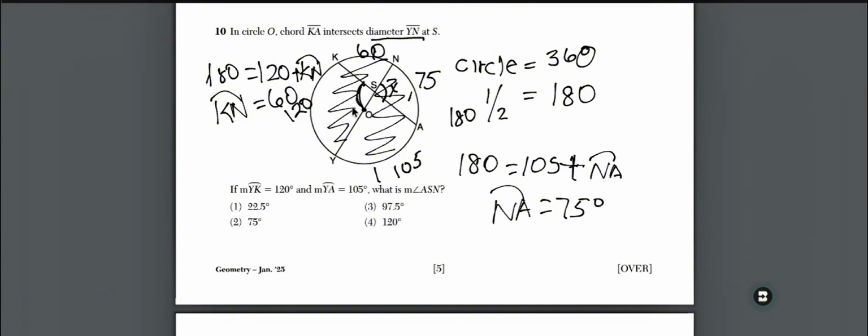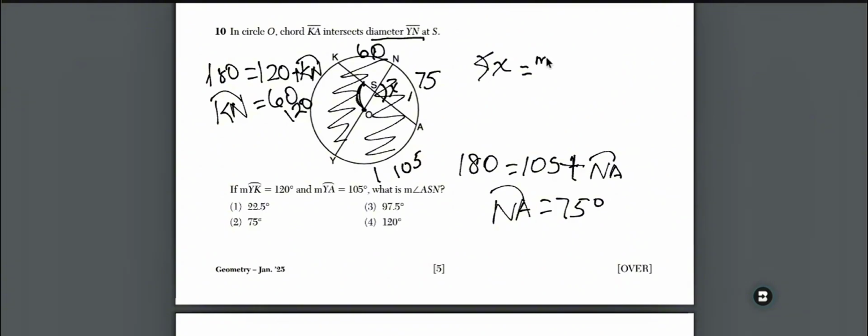Because if we have the measurements of two arcs, and we want to find the measurement of an angle, and it's a vertical angle, that's pretty simple, because I can use my equation that lets me know that the measure of an angle is equal to the measure of the first arc plus the measure of the second arc divided by 2.